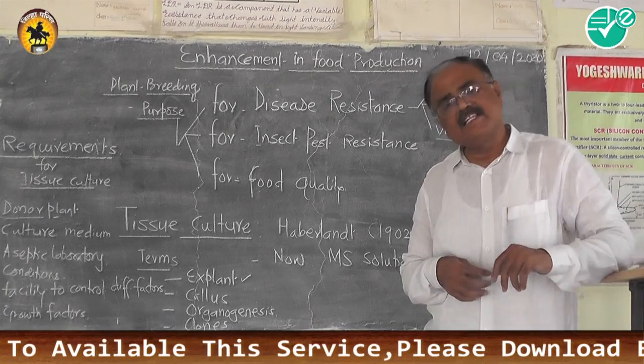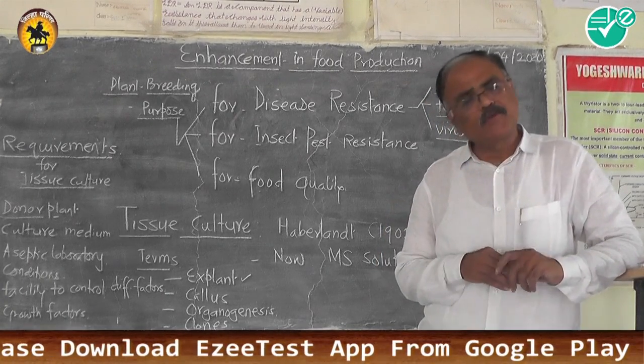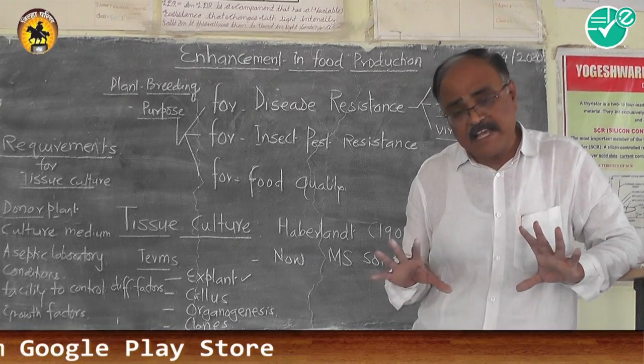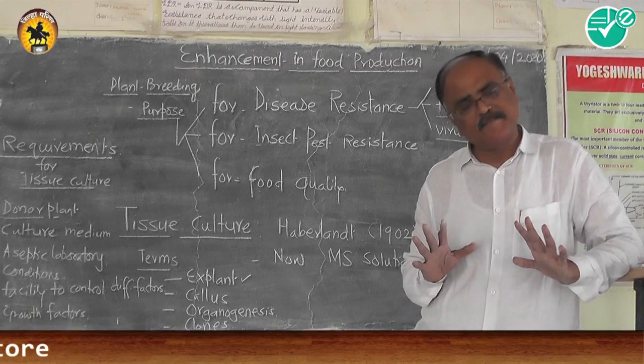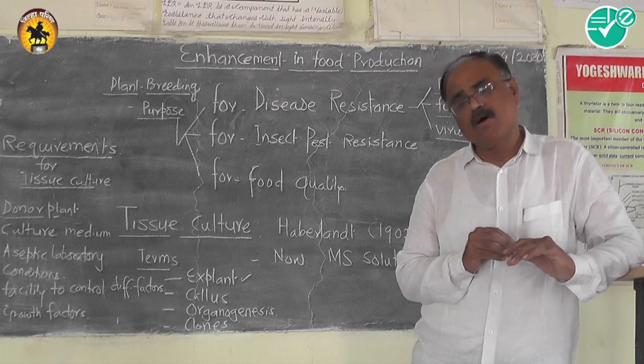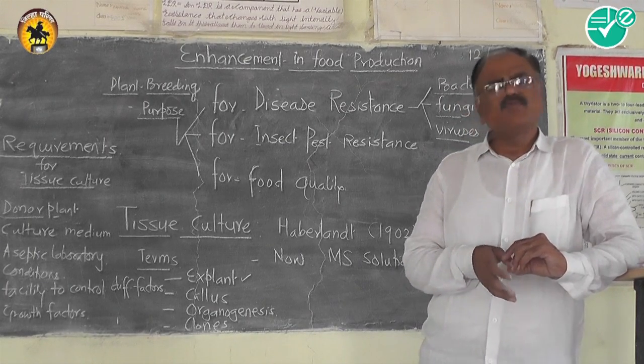In explant culture, the isolated protoplast can be utilized, a single cell can be utilized, tissue can be utilized, or the plant organ is also utilized.